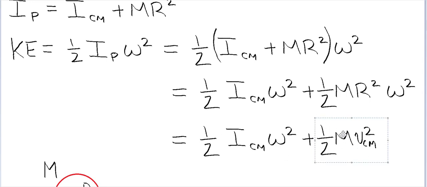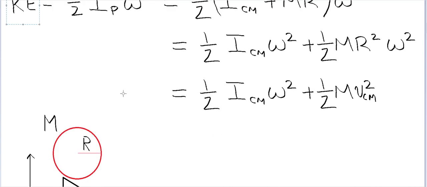But note that this is just the translational kinetic energy. And so what this is telling us is that the total kinetic energy here for this rolling without slipping case is half ICM omega squared plus half m VCM squared. And that's a useful formula that we'll come back to again and again.